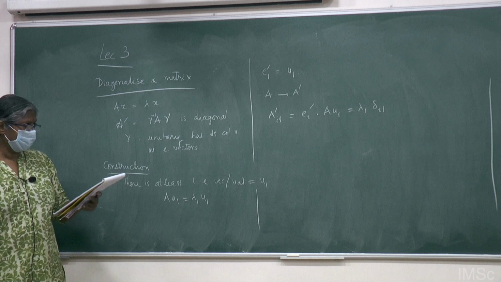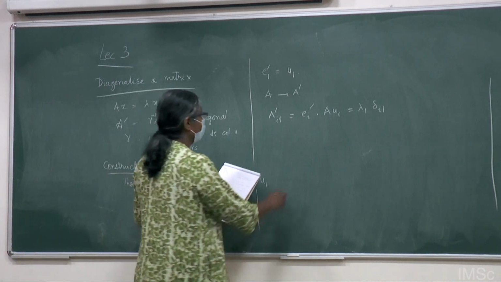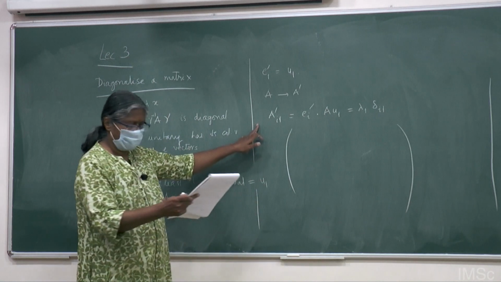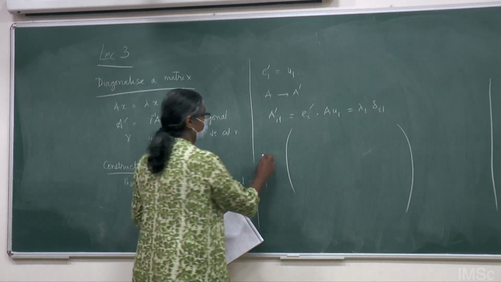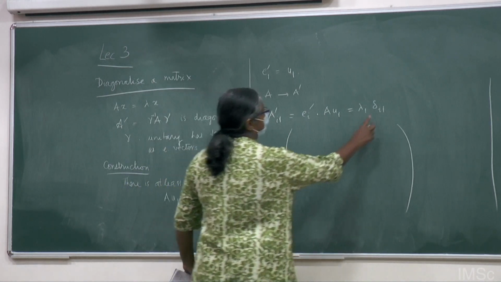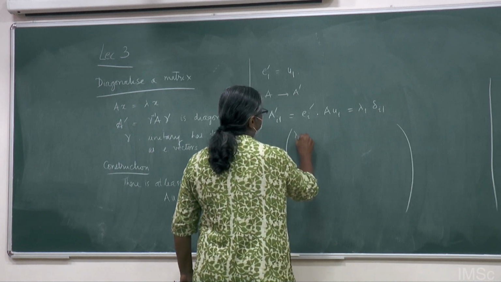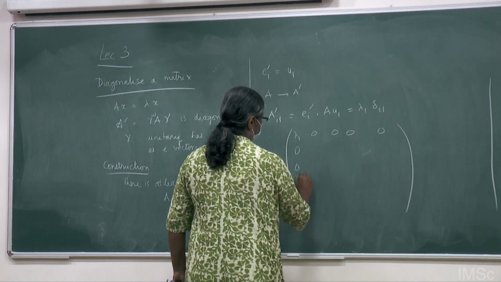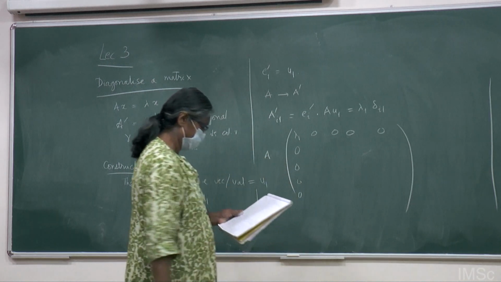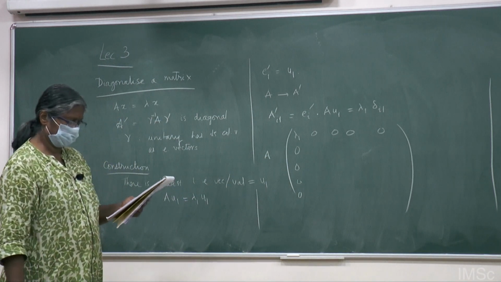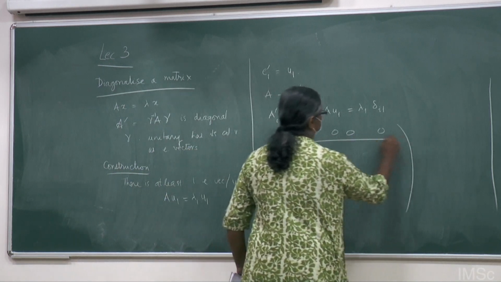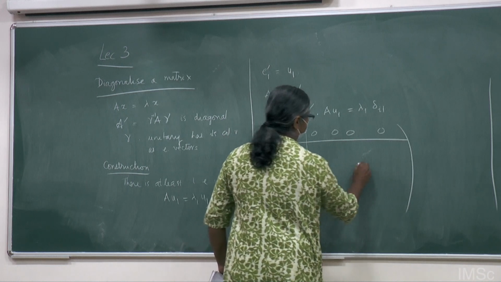So I have a full matrix. Let's write the matrix. This is my matrix A prime. When i is equal to 1, I have lambda 1. Otherwise, I have 0. So these are the i1 elements, and this is some other matrix, let's call it G.